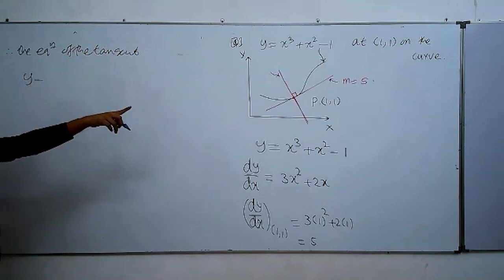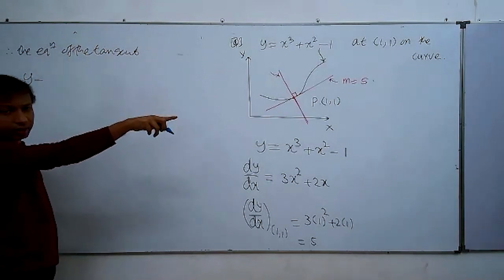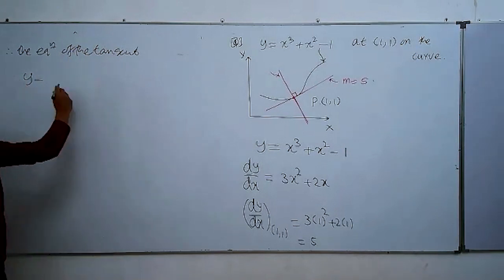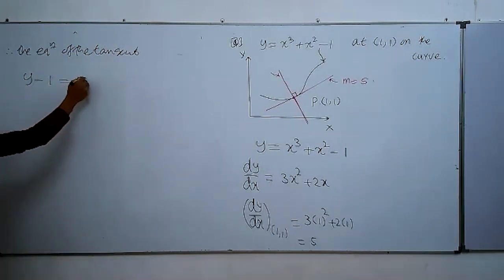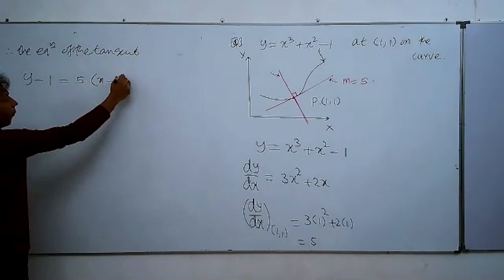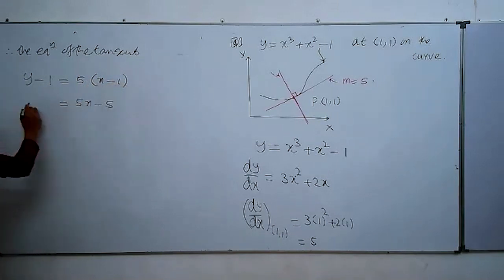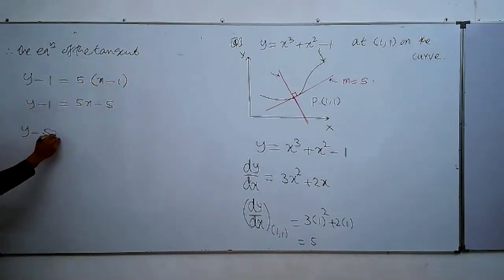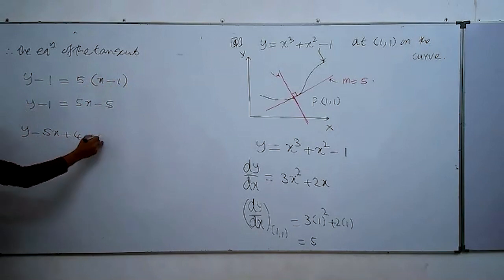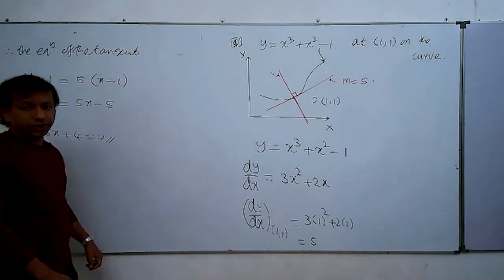Y naught means the y coordinate of the point on the line that we know. It's 1. Equals gradient 5 times x minus 1. Then remove the bracket: 5x minus 5. y minus 1. Bring all these terms to this side. y minus 5x plus 4 equals 0. The equation of the tangent is this.